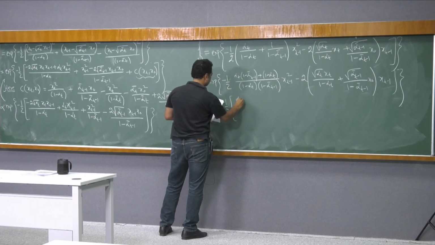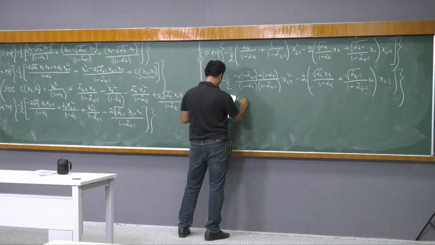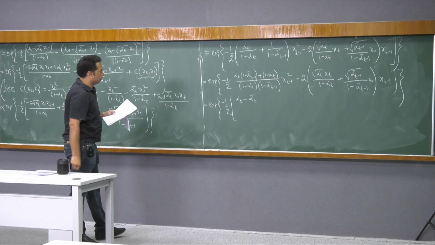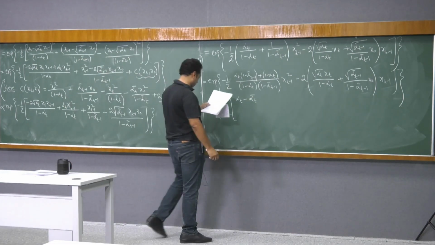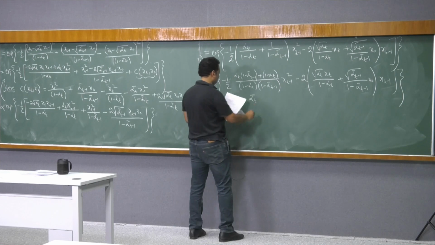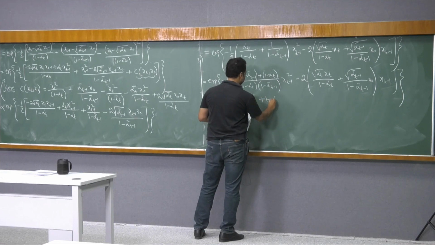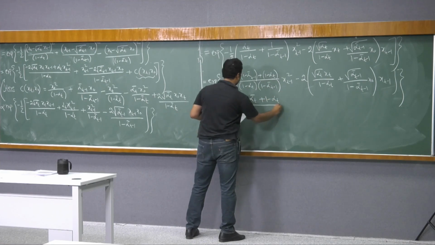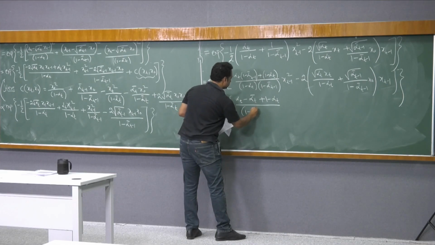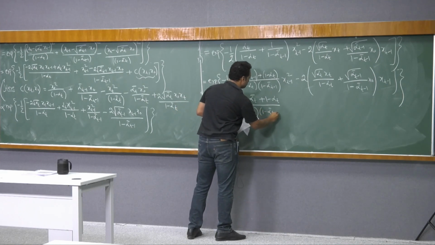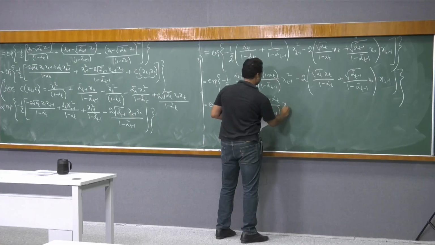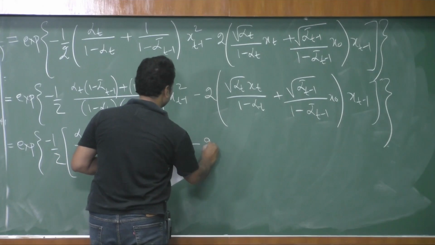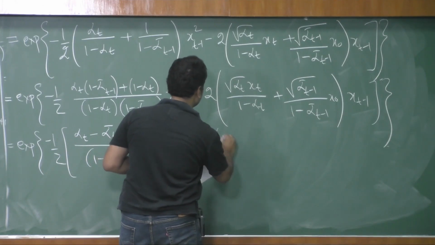So this is alpha bar t, alpha t minus alpha bar t plus 1 minus alpha t, but alpha t will also get cancelled, right? Plus 1 minus alpha t divided by 1 minus alpha t, 1 minus alpha bar t minus 1, and this is xt minus 1 squared minus 2 square root of alpha t.